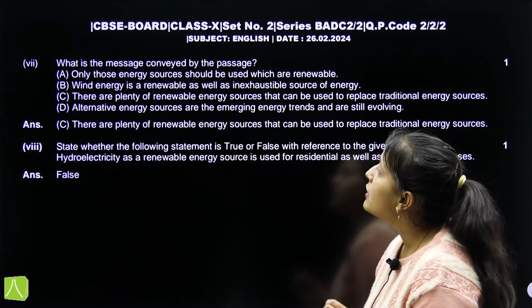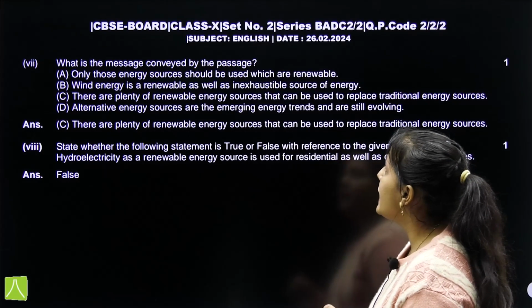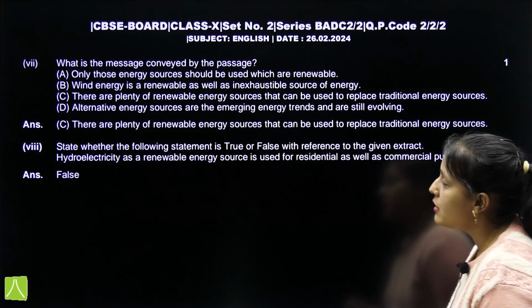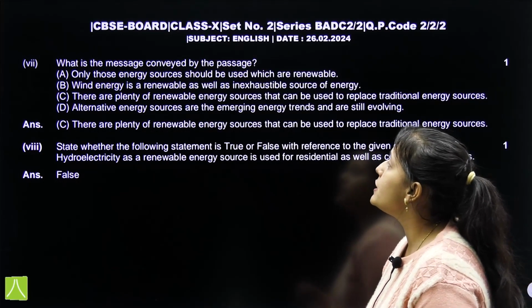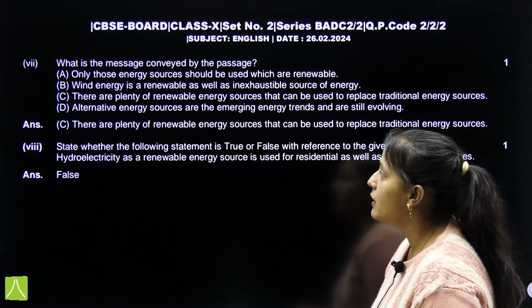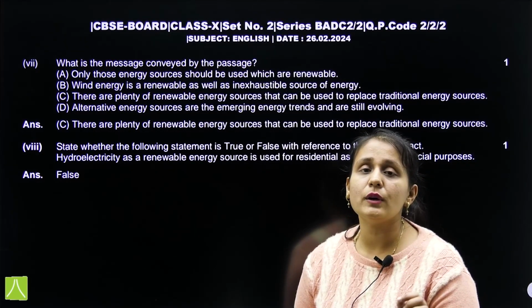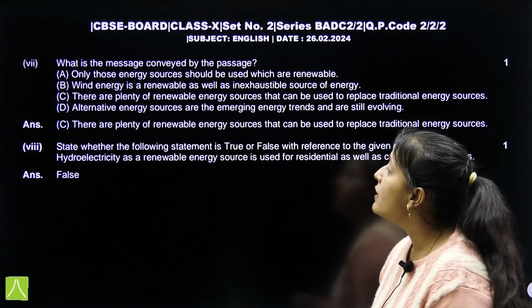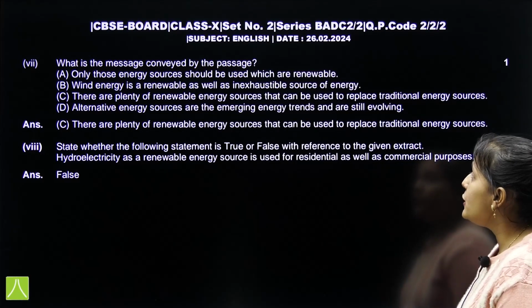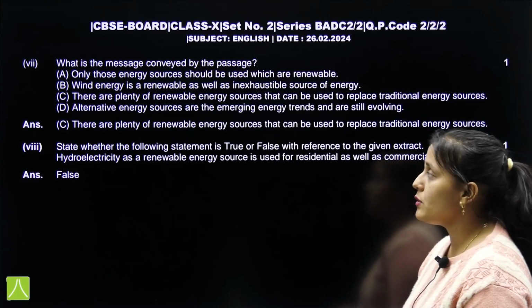Third option, there are plenty of renewable energy sources that can be used to replace traditional energy sources. Fourth one, alternative energy sources are the emerging energy trends and are still evolving. So, the correct answer for the seventh one is option number C. There are plenty of renewable energy sources that can be used to replace traditional energy sources.